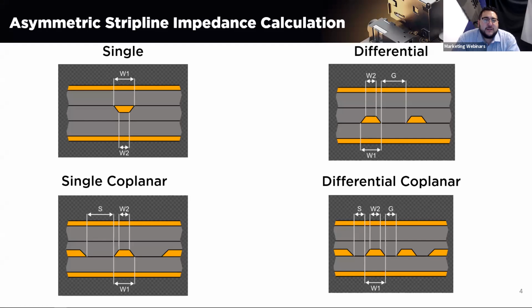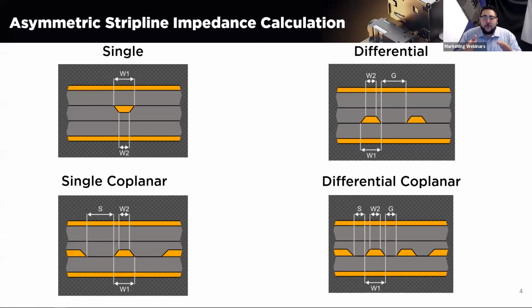We've been working with Simberian over the last couple of years with the simulation of impedance. Now you can do asymmetric strip-line impedance calculations. This is a really cool addition. On the 30th of this month in January, Vince Mazer will have a full webinar solely dedicated to impedance calculation of transmission lines. So if you are more interested in that, I highly recommend you go to that webinar.